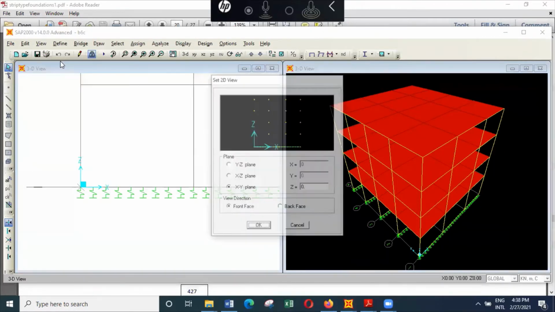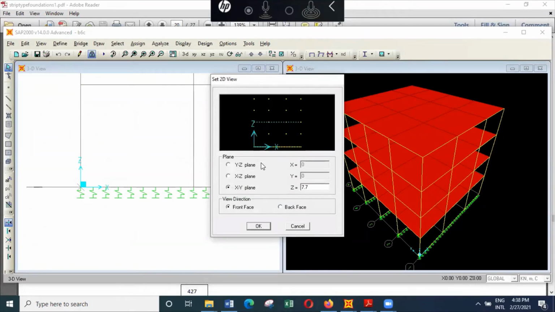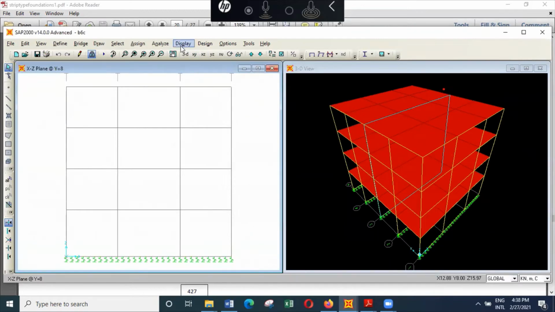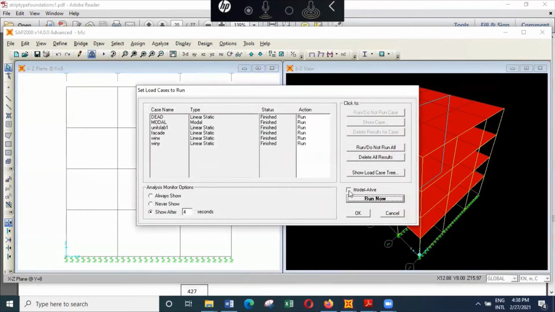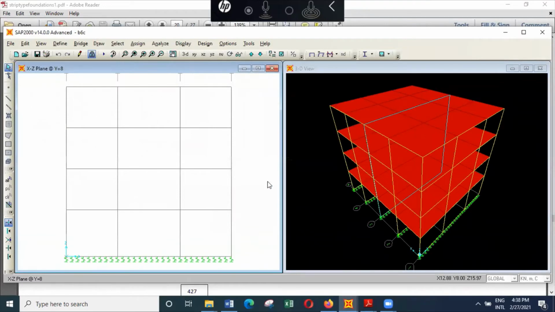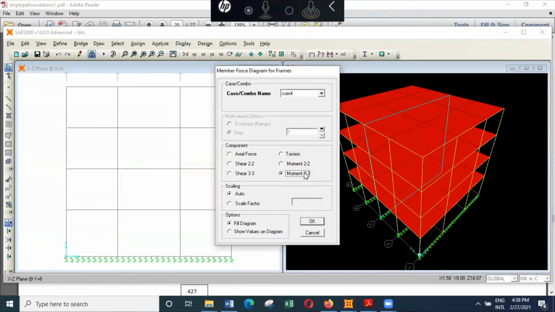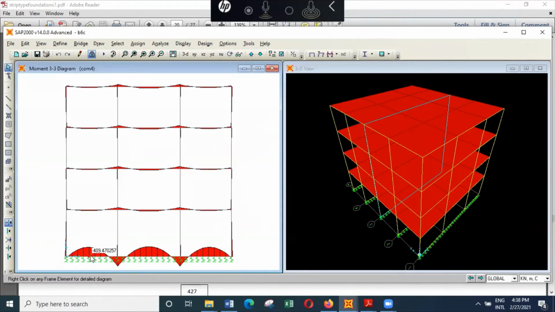If I view this particular frame and ask it to display, here you can see the values of 1 and 9.